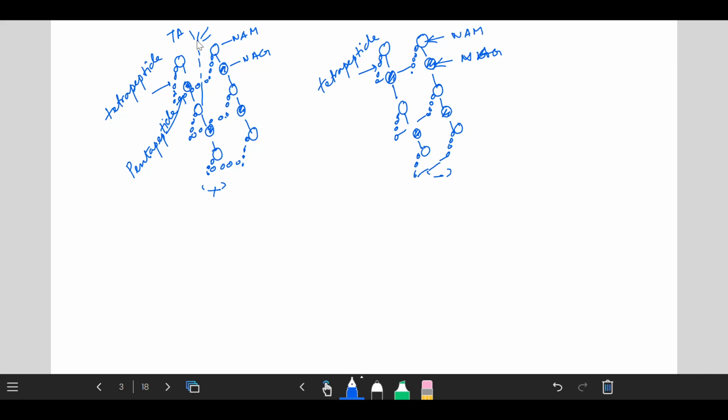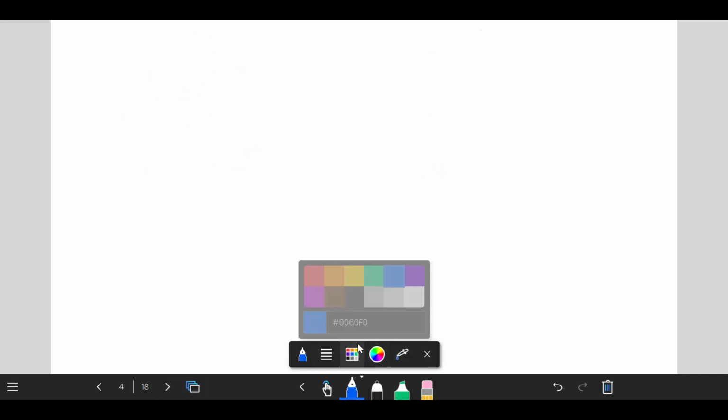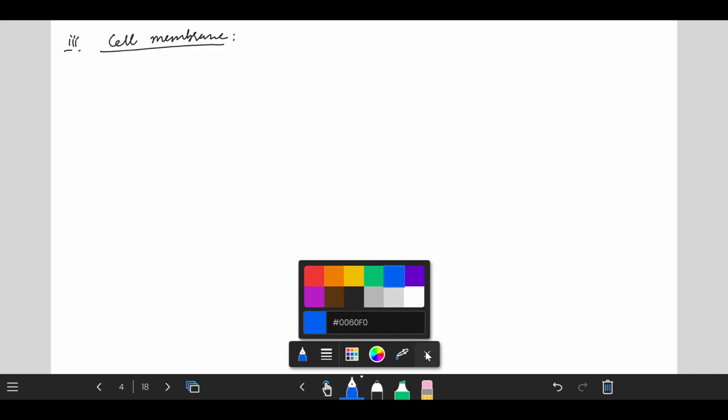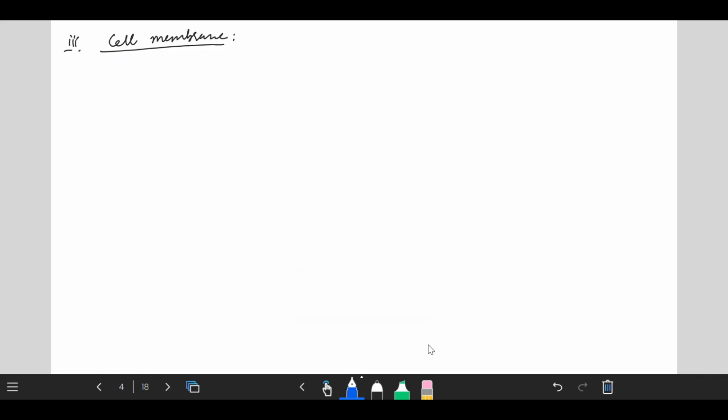Now, the third one is the cell membrane, also known as the plasma membrane or cytoplasmic membrane. Actually, it encloses the cytoplasm and internal structures.